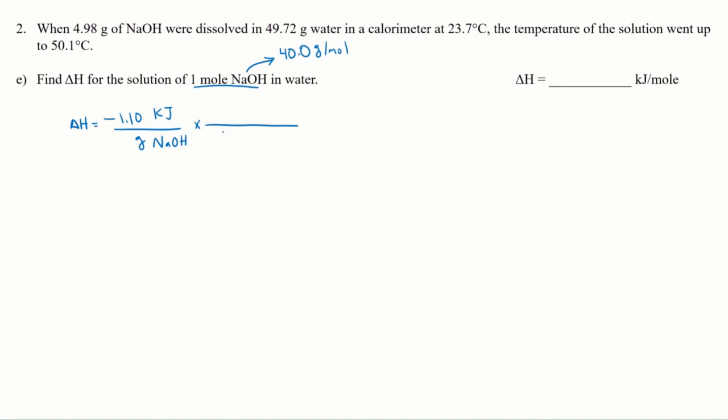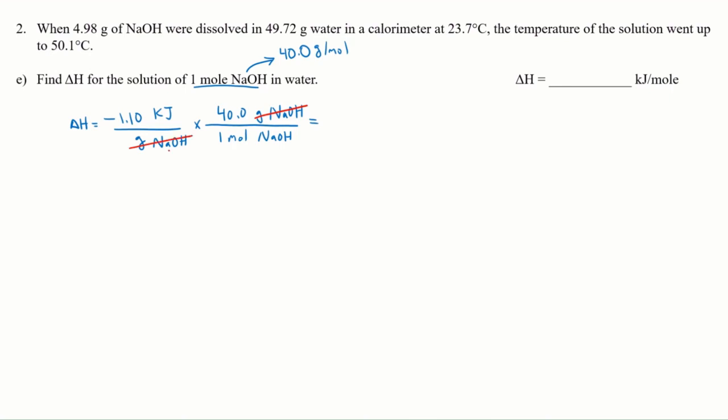So now I can do the conversion and say 1 mole of sodium hydroxide is equal to 40.0 grams of sodium hydroxide. Now I put grams of sodium hydroxide on top, so I can cancel the original units that I had here, and moles on the bottom.